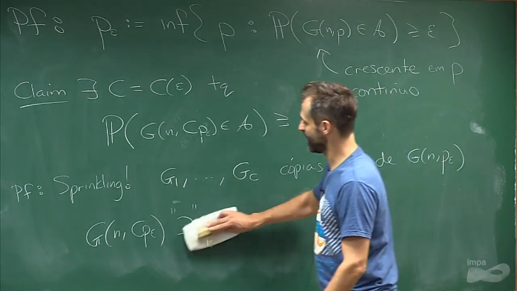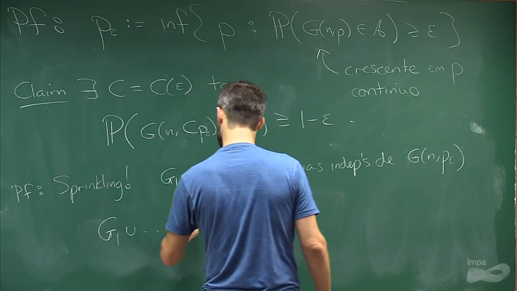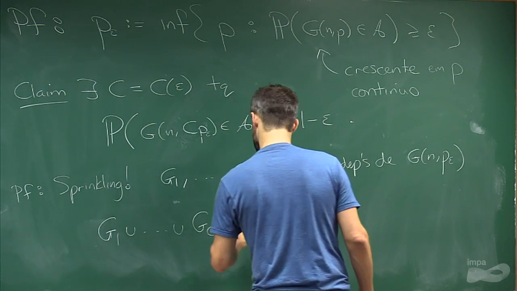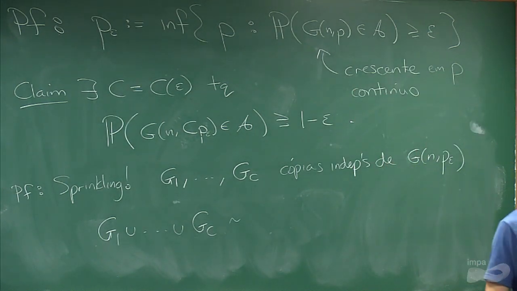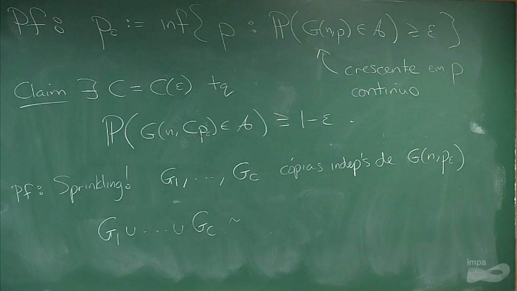So perhaps I'll say it again. What is the distribution of this union? It's a random graph, right? You take C independent copies of G(n, p epsilon), take their union, that's a random graph. What's its distribution?